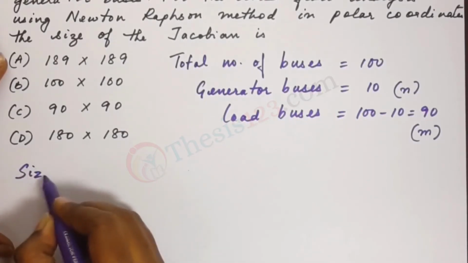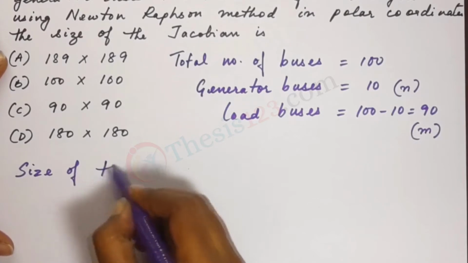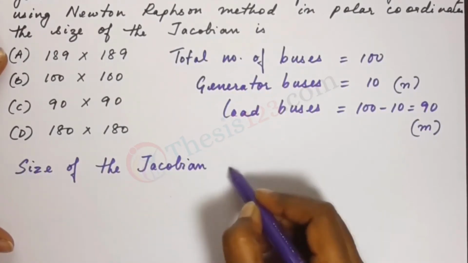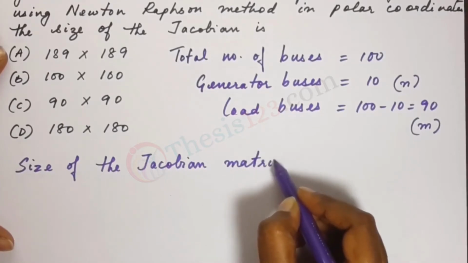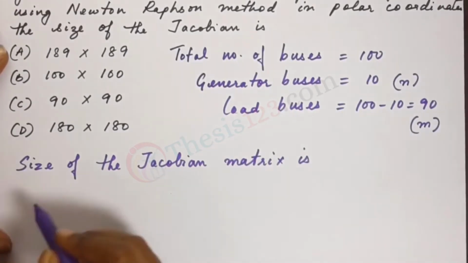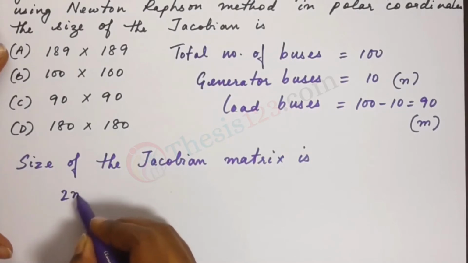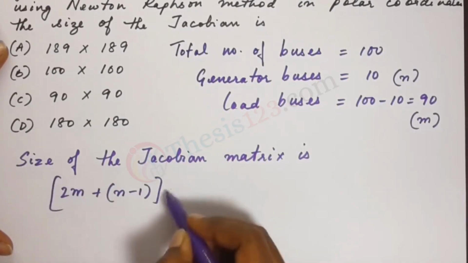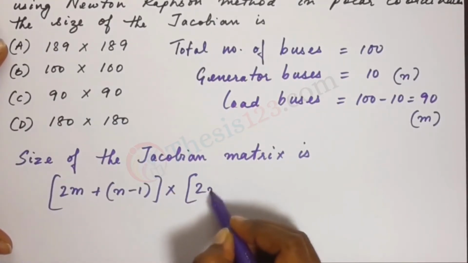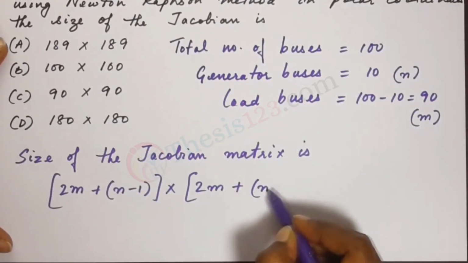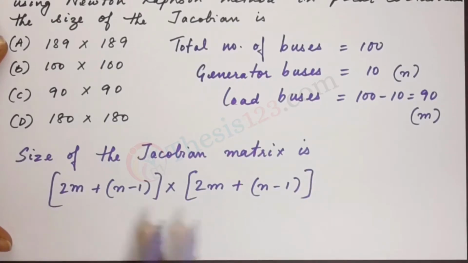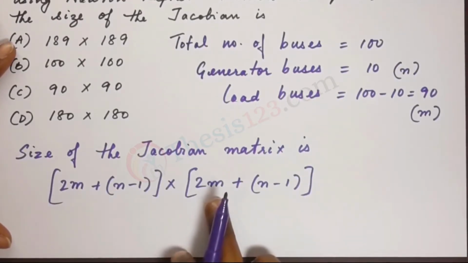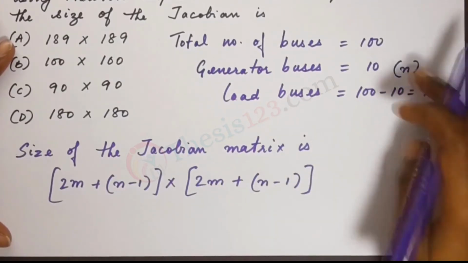The size of the Jacobian matrix is, okay, so the formula is 2m plus n minus 1 by 2m plus n minus 1. This is the general formula for the size of the Jacobian matrix. We have m as 90, n as 10.